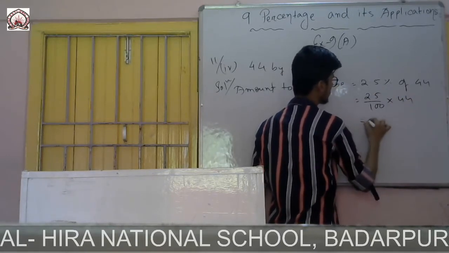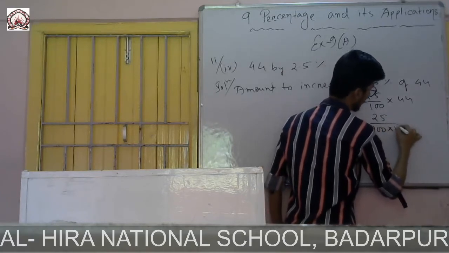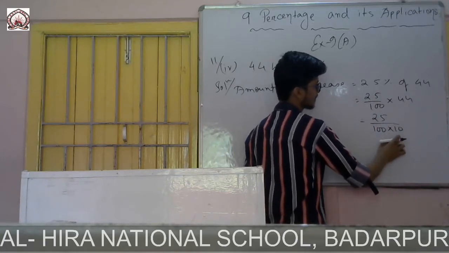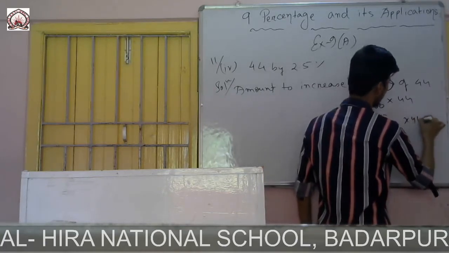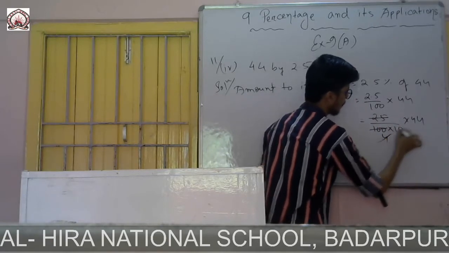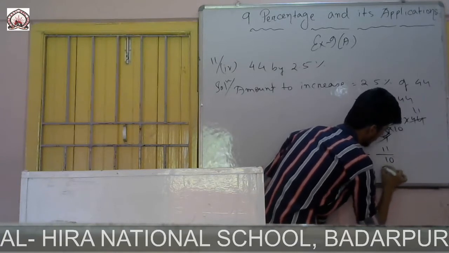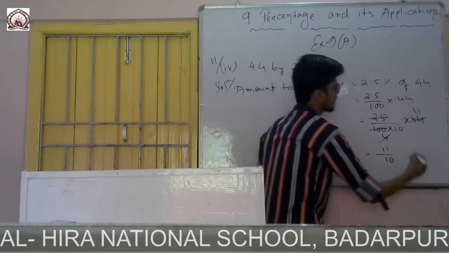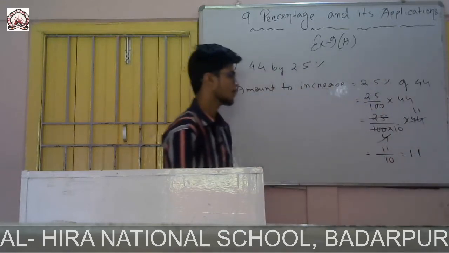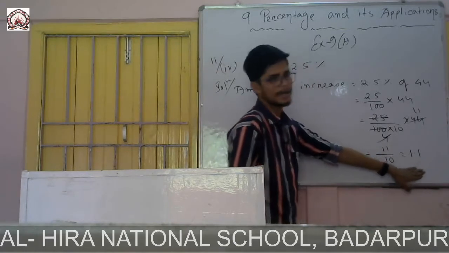If I remove this decimal, it will be 25 by 100 into 10, because one place after the decimal. That means 10, and there it is 44. 25 4s are 100, 4 11s are 44, so 11 by 10, which in decimal is 1.1. That means this is the amount I have to increase.